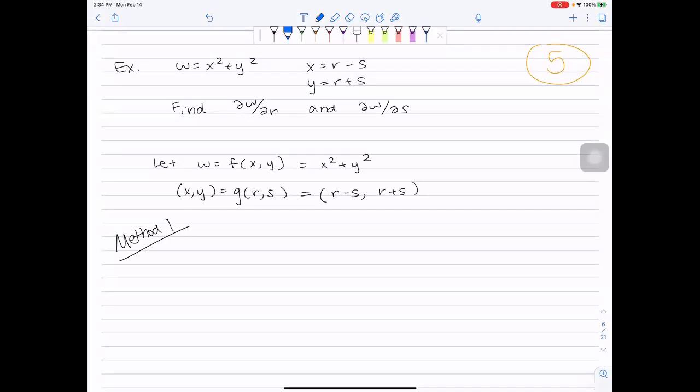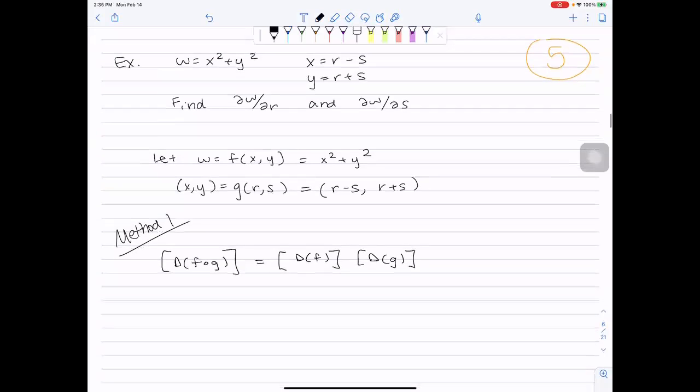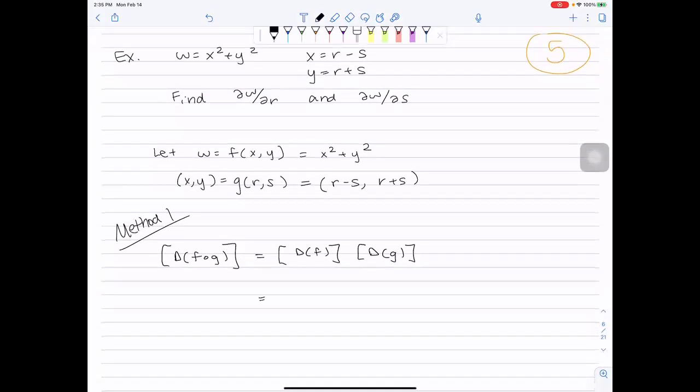So if we wanted to use the chain rule, we do the derivative of f of g, which equals the derivative of f times the derivative of g. Now, what are the components of f? Or what is the size of our matrix for f?